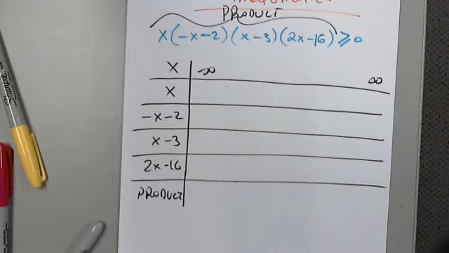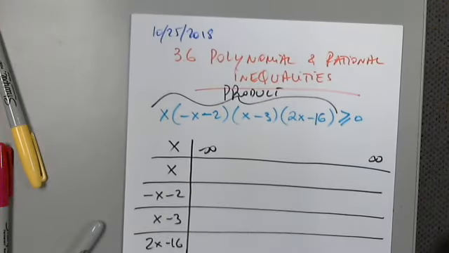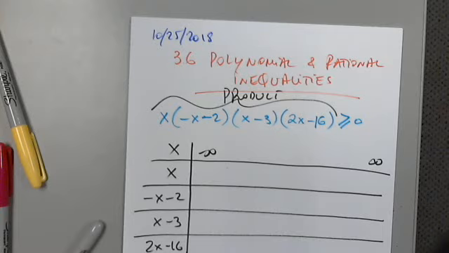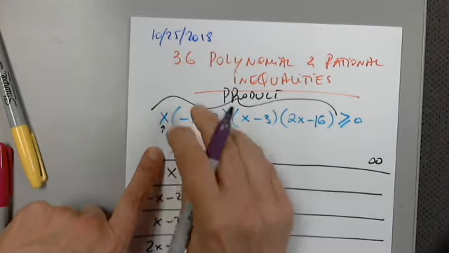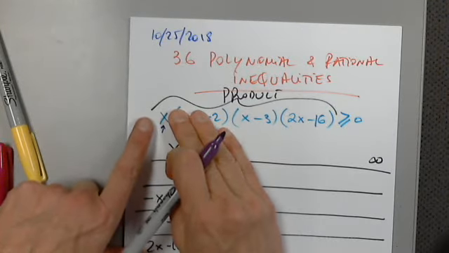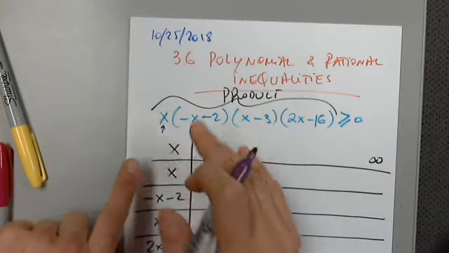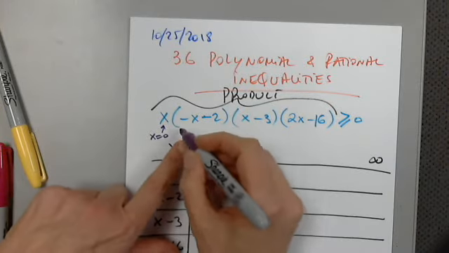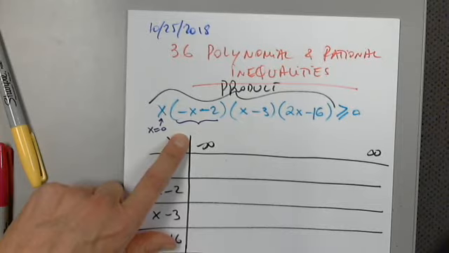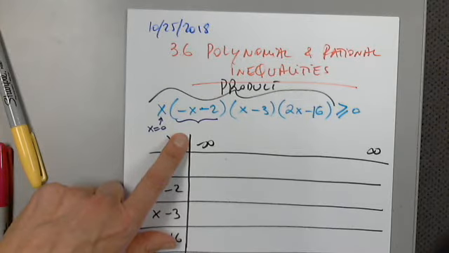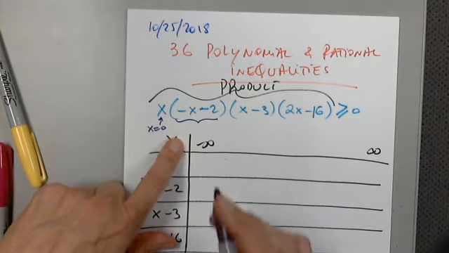Okay. I'm coming back to our product, which is the polynomial inequality. And can you please tell me when is this quantity 0? For what x? 0. Of course. When is this quantity 0? For what x? Negative 2.